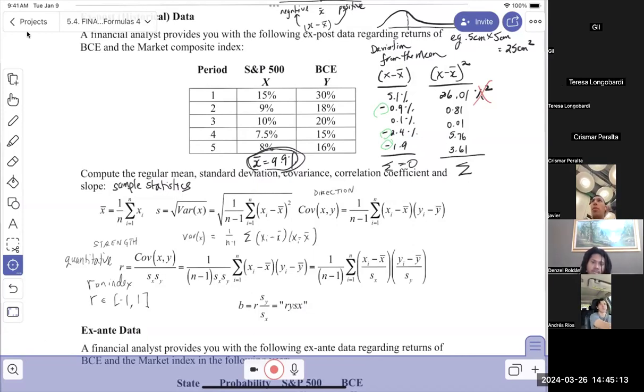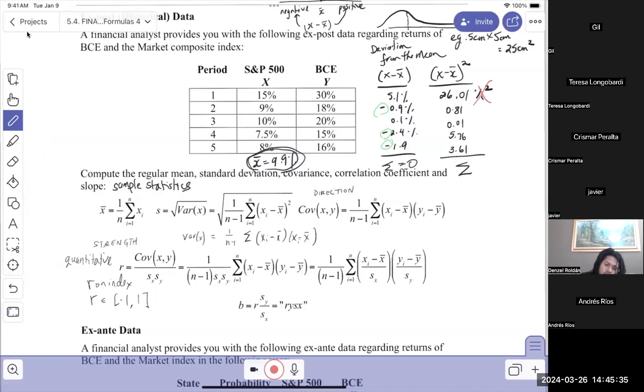Who told me that the variance and the standard deviation will always be positive, right? This will always be positive because it's squared. So the standard deviation will always be positive. Not true for the covariance. The covariance can be negative. Because of that, you cannot take the square root of the covariance, right? Covariance can be positive, can be negative, can be 0.